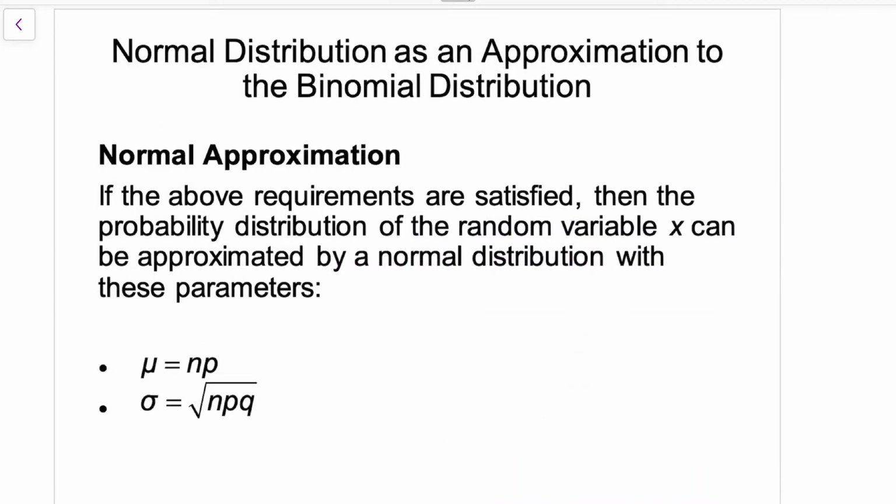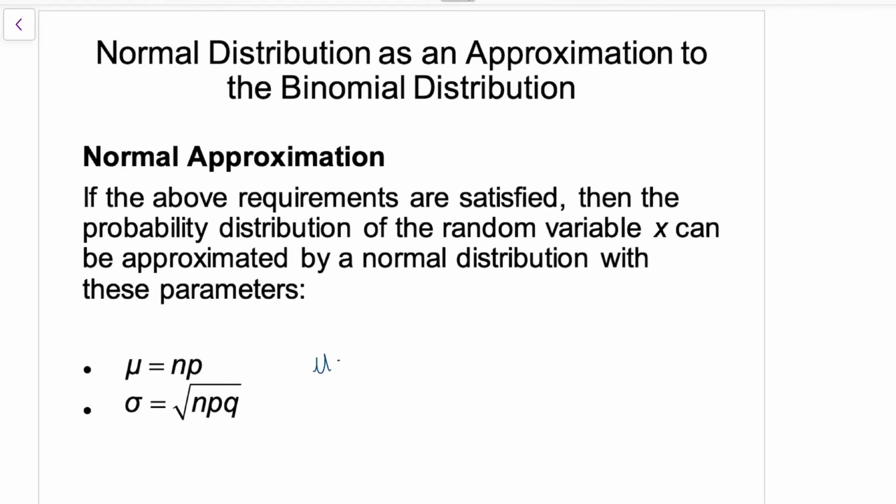For us to have a normal approximation, we're going to need a mean and a standard deviation. The mean is going to be np. So mu is going to be n, the number of trials, times the probability that any trial is successful. If we compute that, we'll get 145.